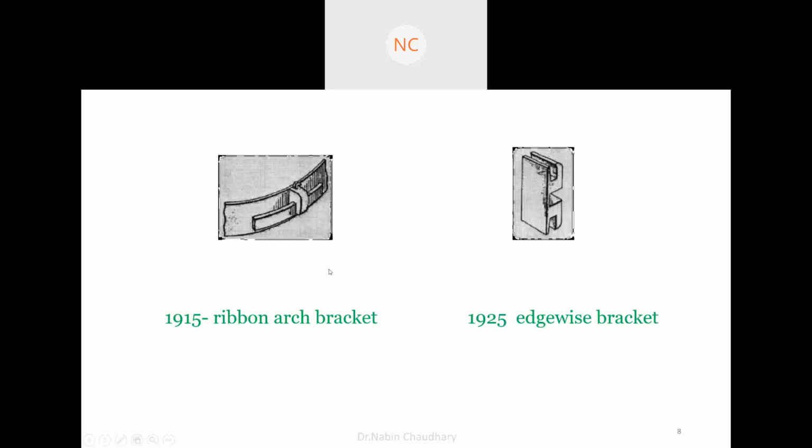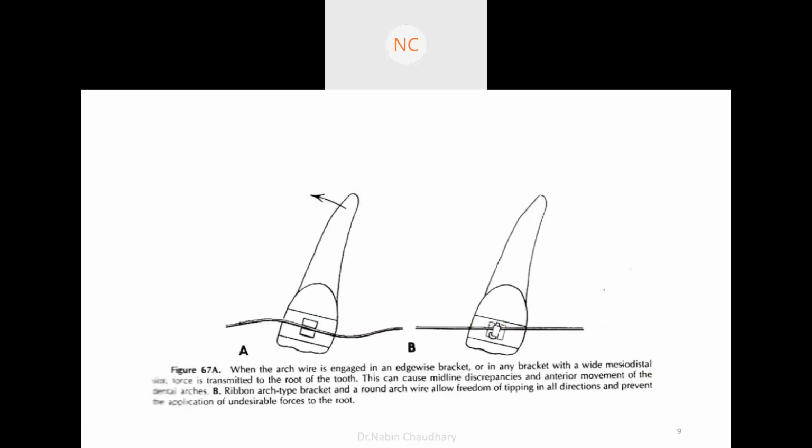During the study under Dr. Angle, he got the exposure of the ribbon arch bracket, which had a slot opening incisally, and also the exposure of the edgewise bracket, with which he first treated patients.